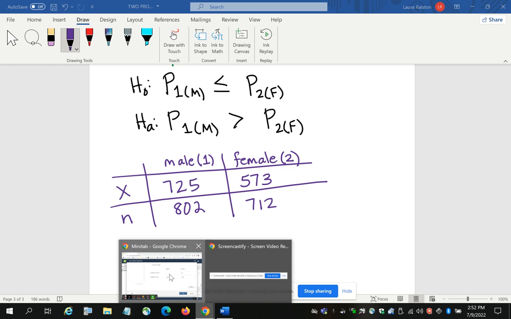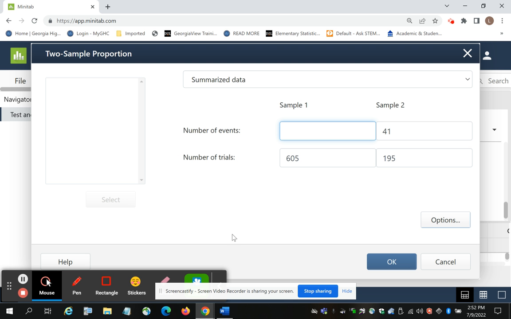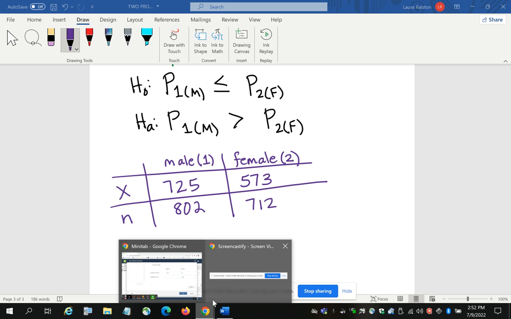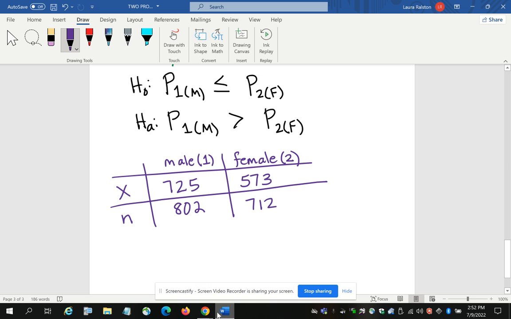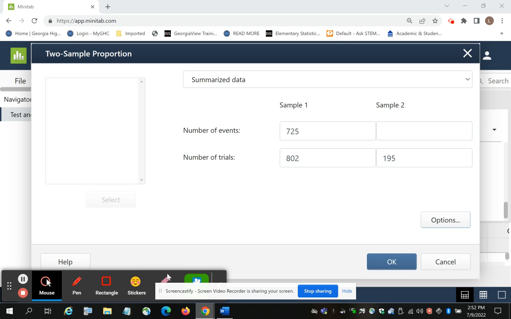We had 725 out of 802. For the females, which is sample 2, we had 573 out of 712.